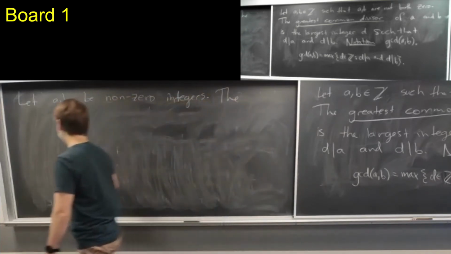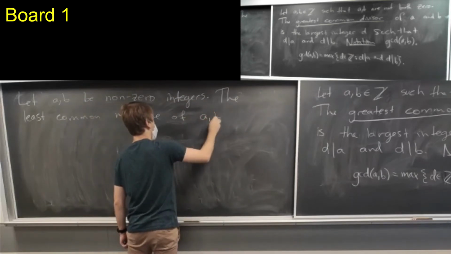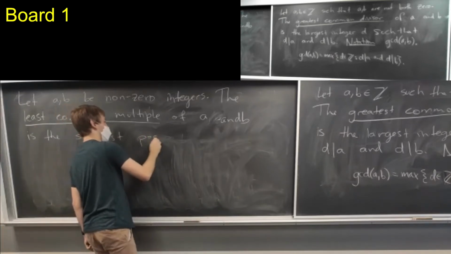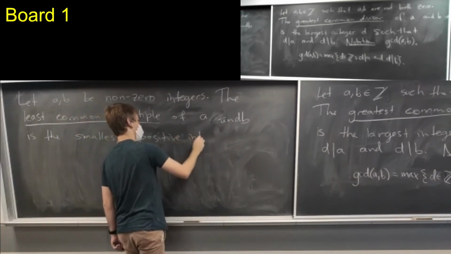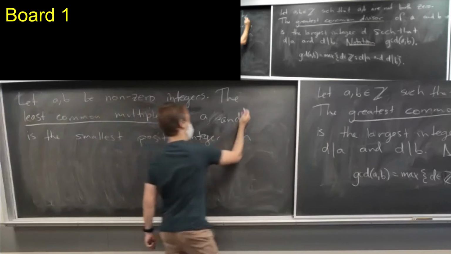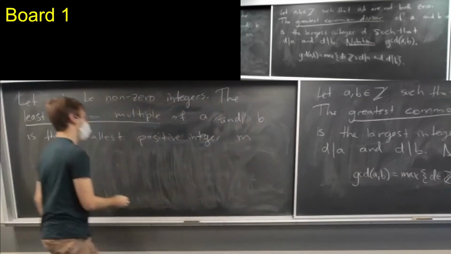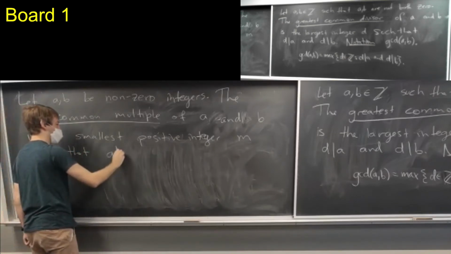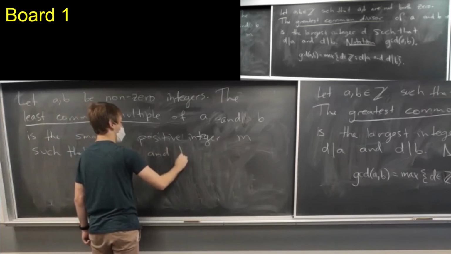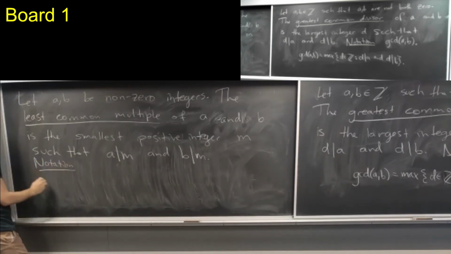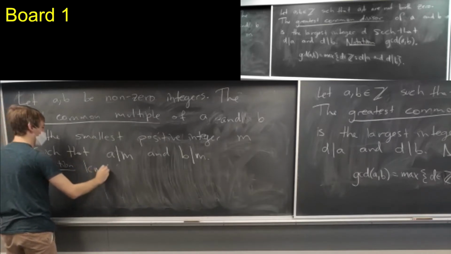The least common multiple of A and B is the smallest positive integer m such that A divides m and B divides m. And our notation for this is LCM(A, B).